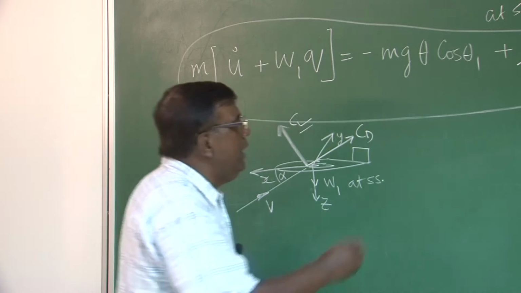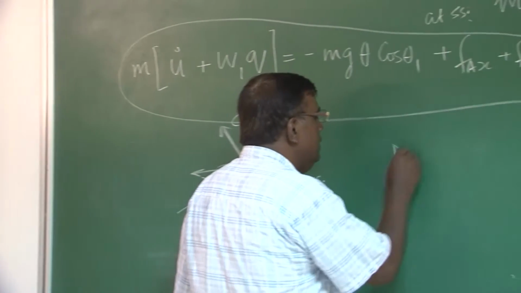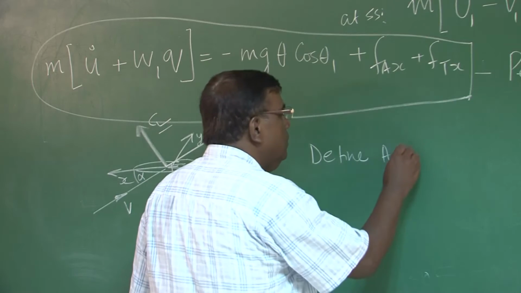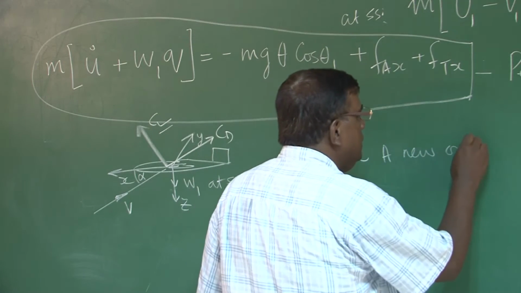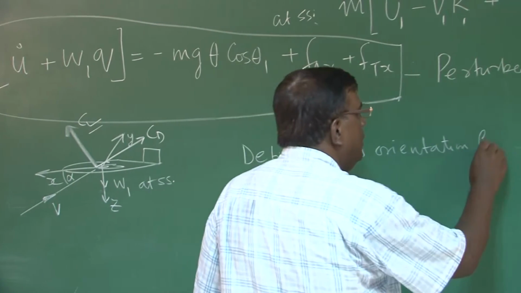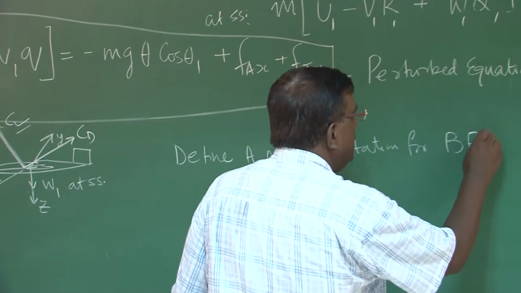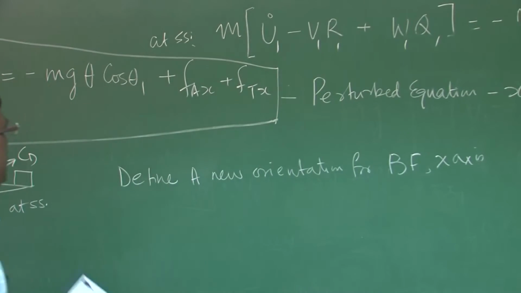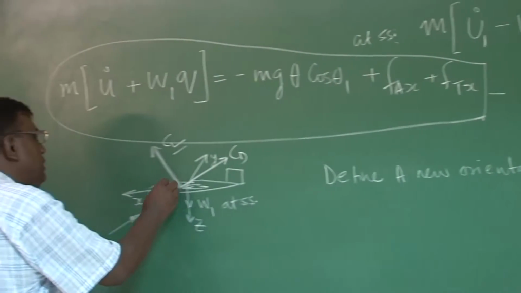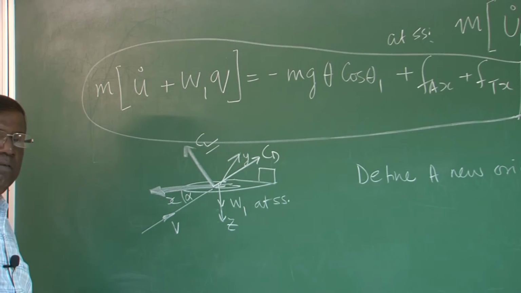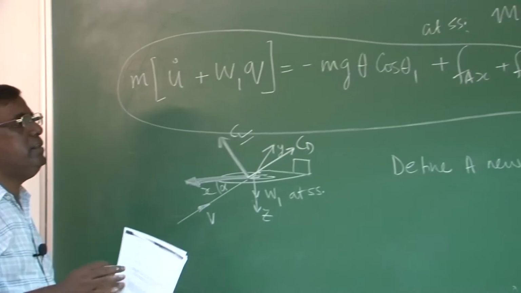So what is the meaning of that? We define a new orientation for the body fixed x-axis. So far, what was the assumption? The x-axis was aligned with some symmetry line, maybe the fuselage symmetry line or chord line. We were not very particular. Now we are putting a constraint.